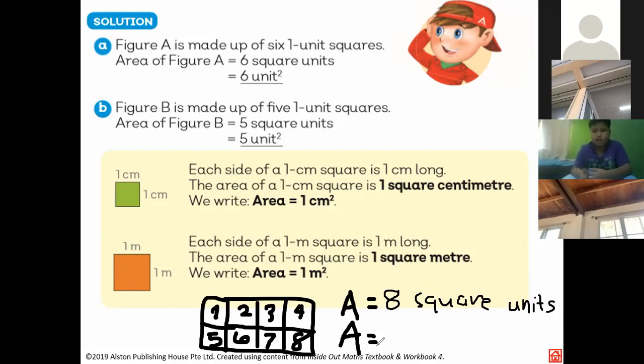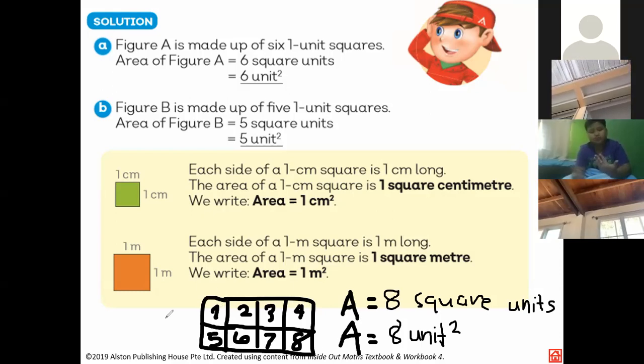Or you can also write area is equal to 8 unit square. Do you understand, class? So there are 8 1 unit squares. The area of this figure is 8 unit square.